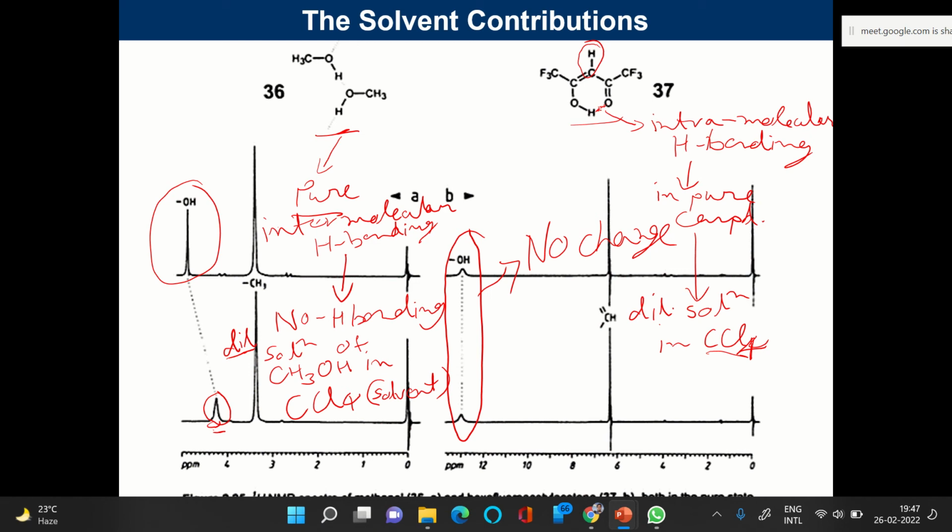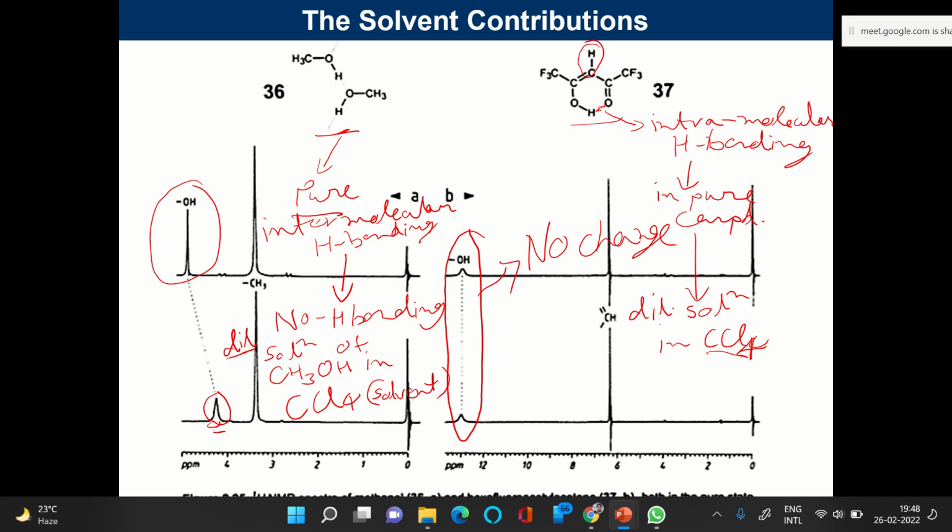That was the point I was trying to make earlier, that it is only the intermolecular hydrogen bonding which is affected in NMR. Intramolecular hydrogen bonding remains unaffected with the change of solvent.